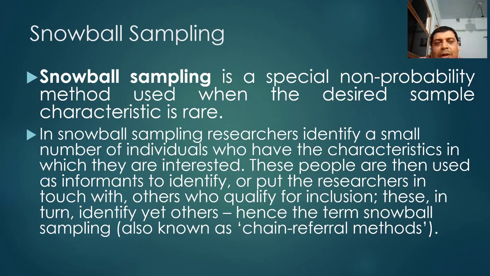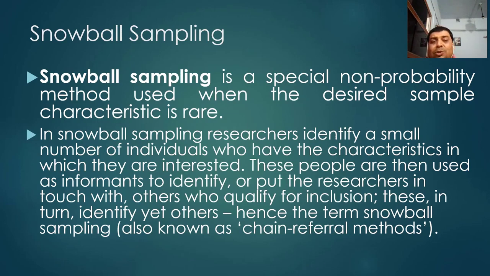The next non-probability sampling is snowball sampling. Snowball sampling is done when the desired sample characteristic is very rare. Suppose we are going to study a population which is not common, which is not readily available, then we go for snowball sampling. Now if we want specifically children with a rare disability, for example autistic children, we don't know where they are.